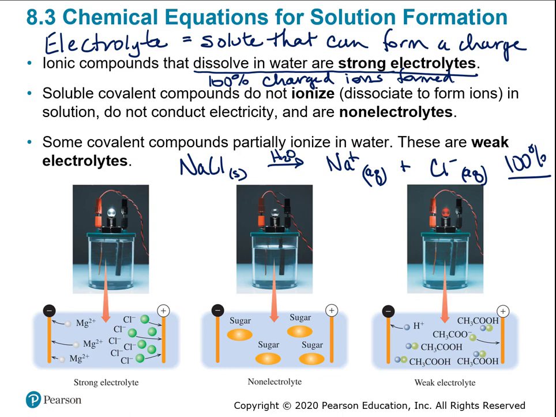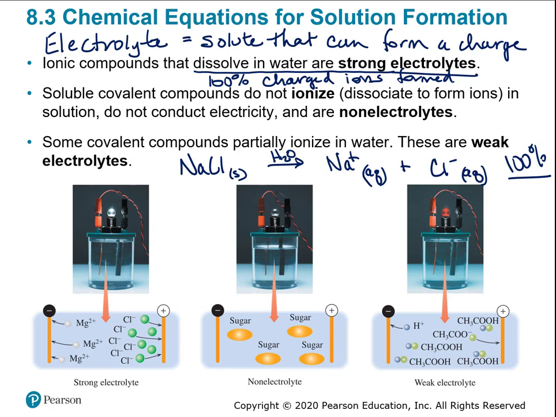But then sugar. Sugar is not an ionic compound. Sugar is a covalent compound, but it does dissolve in water, because it's polar, because it has lots of OH groups. But it can't carry an electric current.